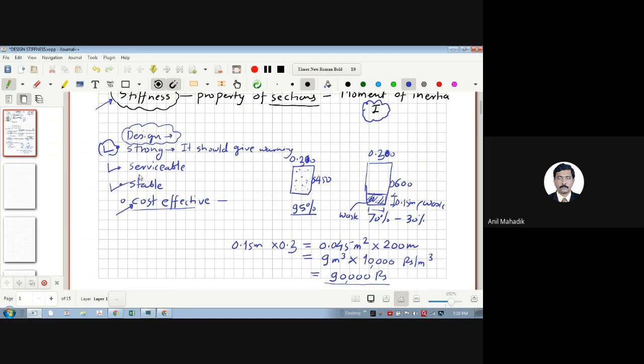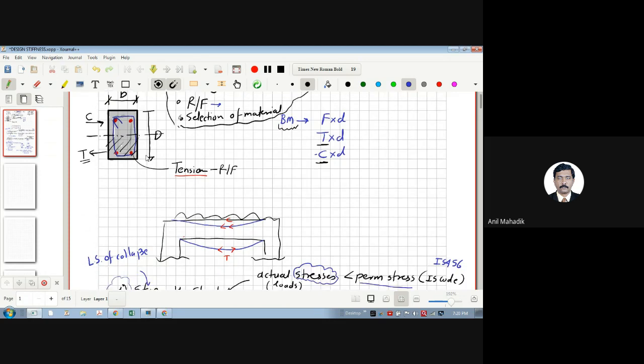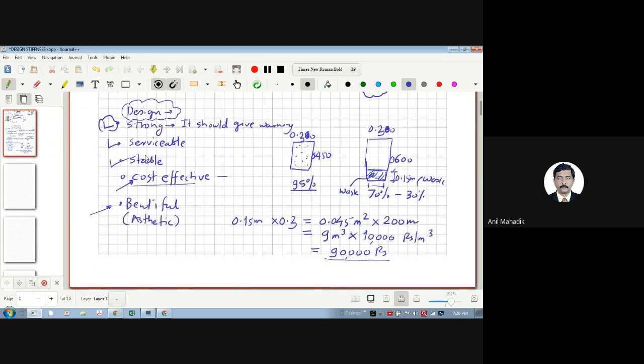It should not collapse. That means it should be stable and it should look beautiful also. This is a very important part. Beautiful means architectural part. Aesthetics is architectural part. All of you know that design means deciding the sizes. That means the size should also look good from the architectural, aesthetic point of view.